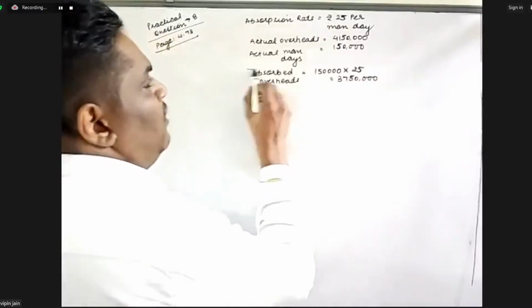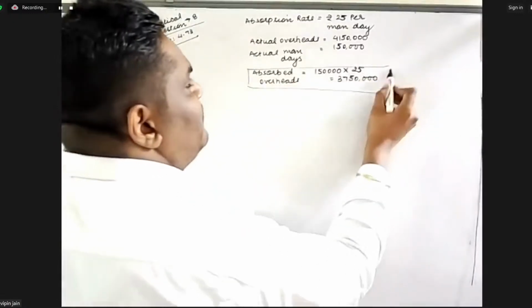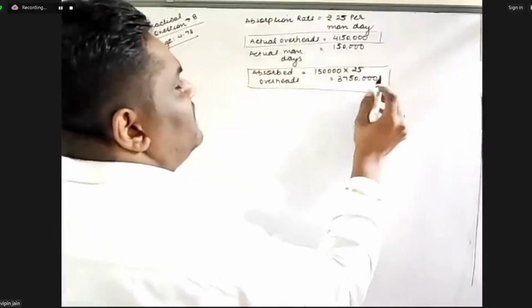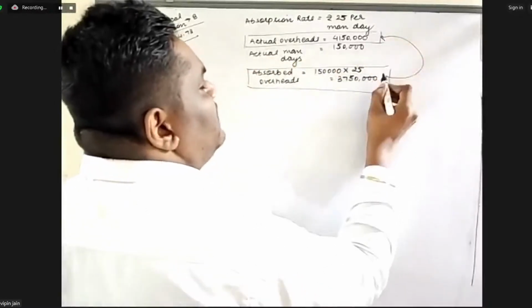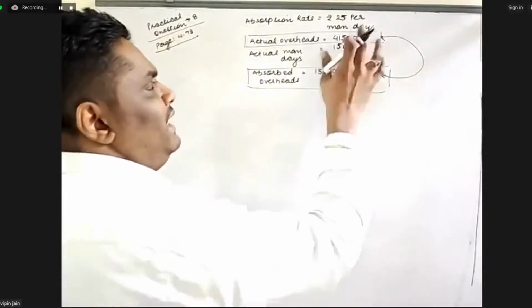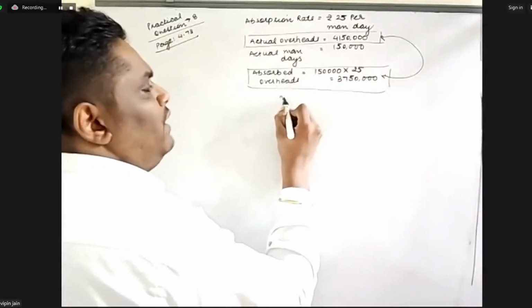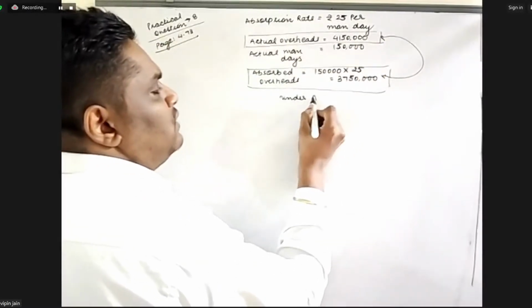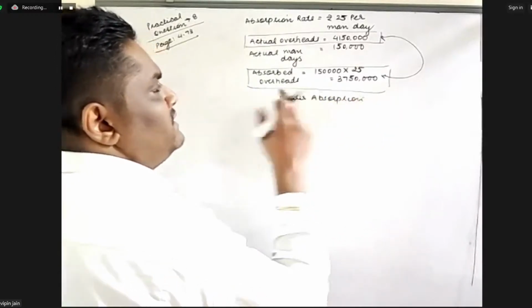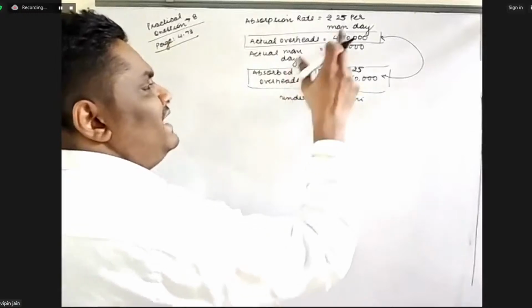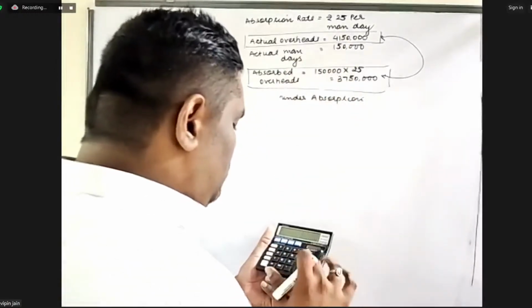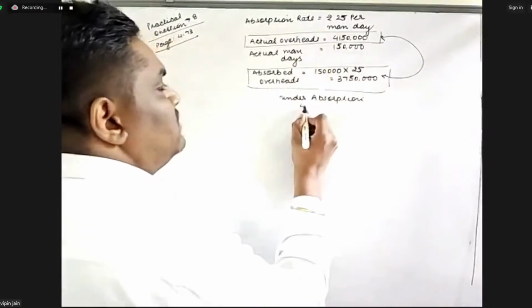Now, my absorbed overheads are 37,50,000 and my actual overheads are 41,50,000. So we compare the absorbed overheads with actual overheads. Herein absorbed overheads are less than actual overheads, so we call it under absorption. Since absorbed overheads are less than actual overheads, it is under absorption by 4 lakh rupees.